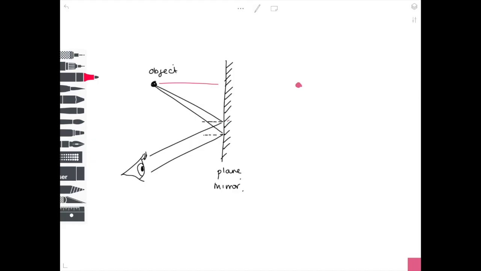And then just use your ruler to draw a dotted line here. And really this distance from the object to the mirror should be the same as from the image to the mirror. And if I rub out those explanation lines, really this is what your final answer should look like.